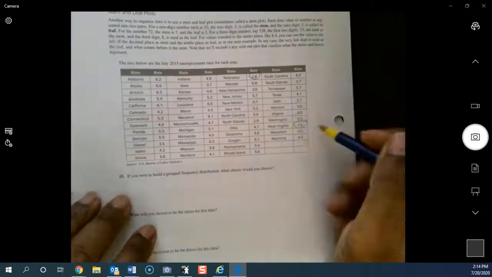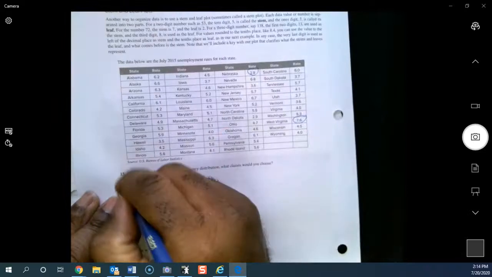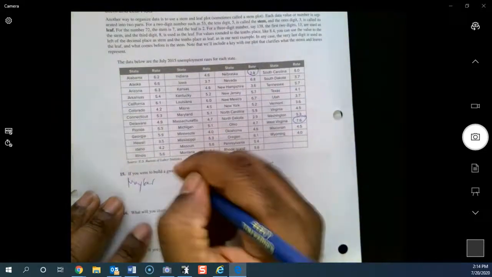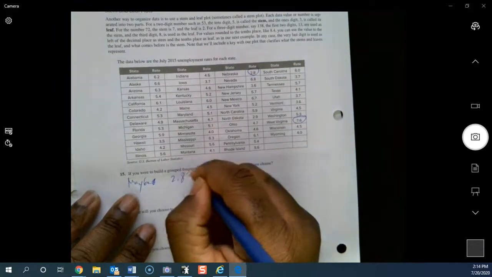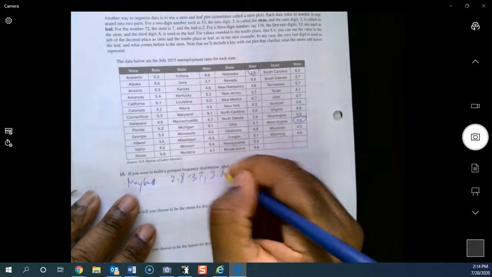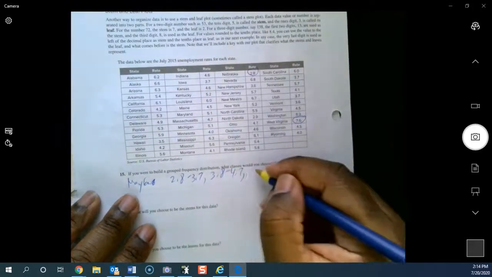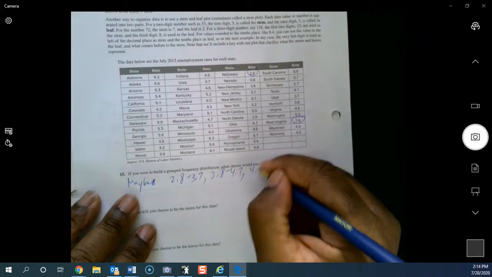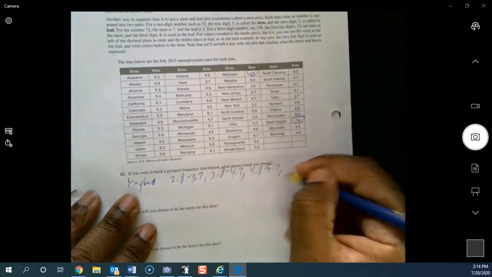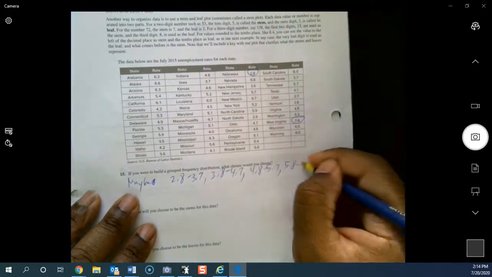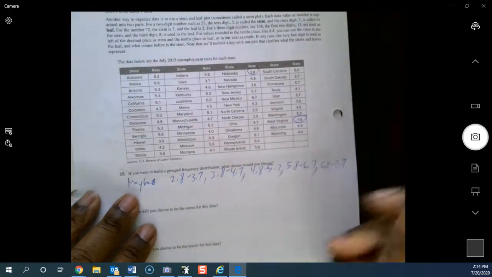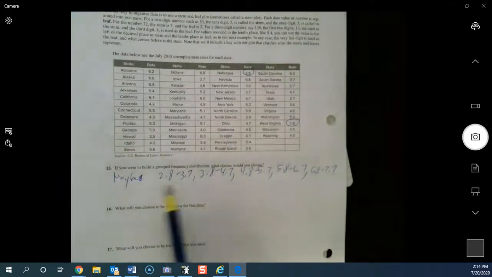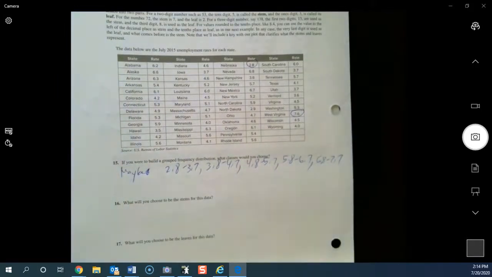Because they're asking for a guess here, I'd maybe do 2.8 to 3.7, 3.8 to 4.7, about 1 apart, 4.8 to 5.7, 5.8 to 6.7, and then 6.8 to 7.7. So that would be 5 classes, which fits into that 5 to 15 we talked about earlier.